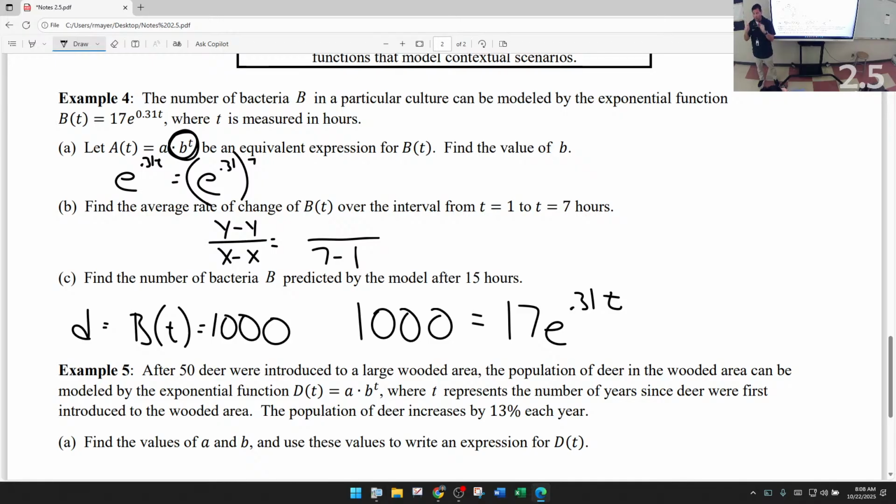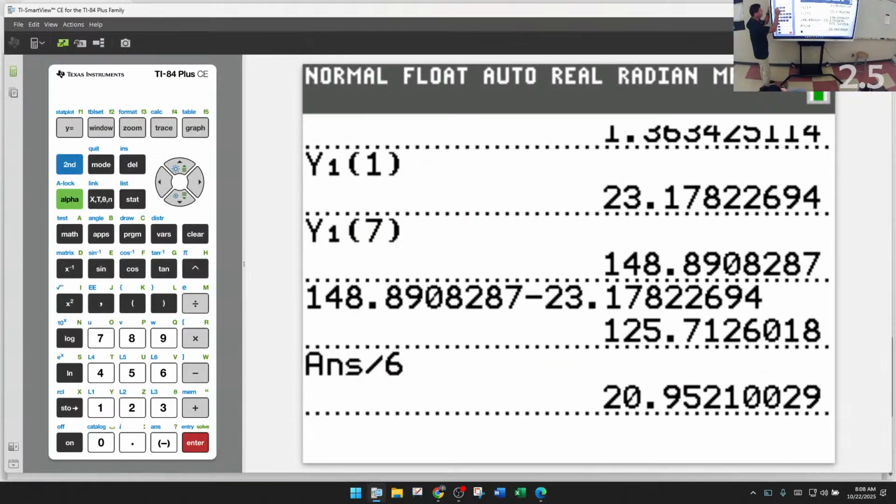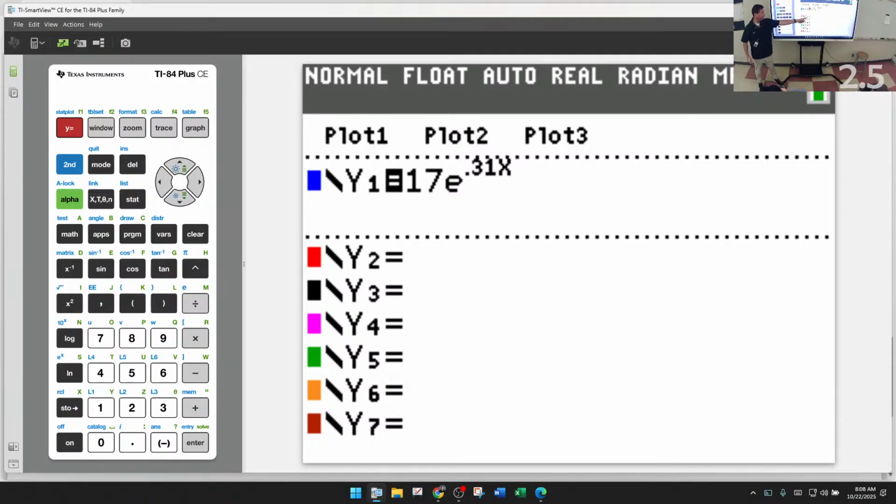I think that's harder than what I'm getting ready to do, because I'm going to move that 1,000 to this side. And then I'm just going to see where it crosses the x-axis. There's 2 ways to do that. Leave the 1,000, put 1,000 in y2.